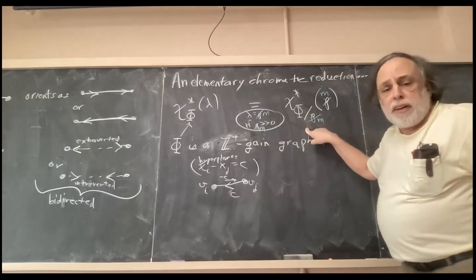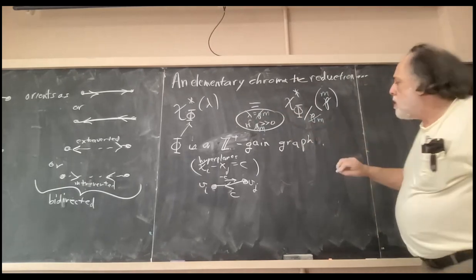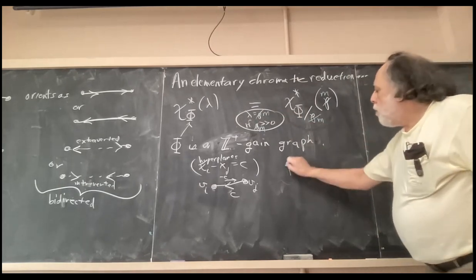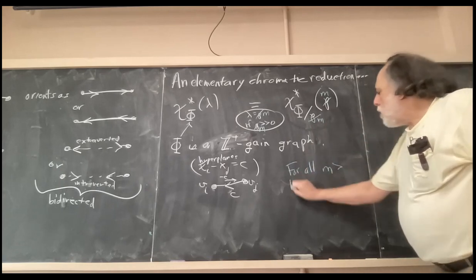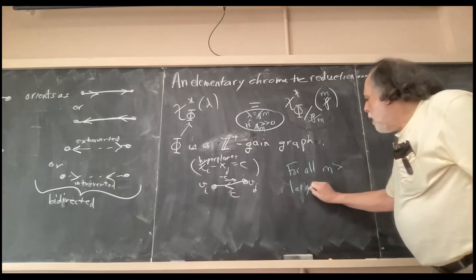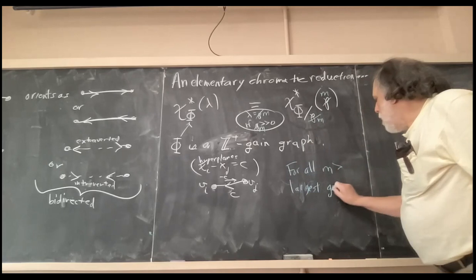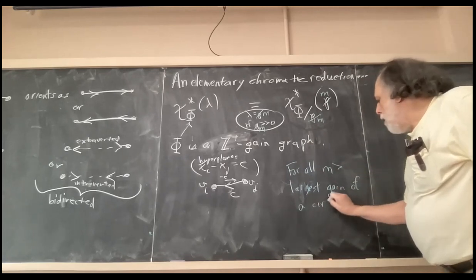It doesn't hold for all values of m or for all primes necessarily, but it holds for all sufficiently large ones. It holds for all m greater than the largest gain of a circle.